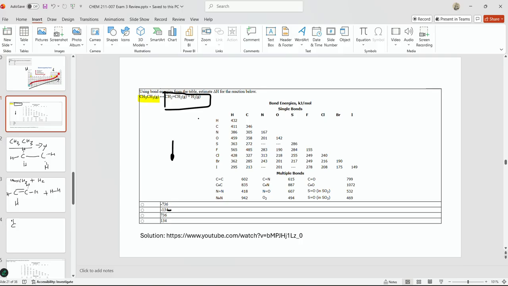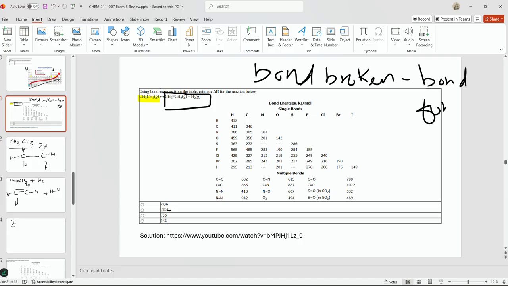if that makes sense. When you're calculating, the formula is always bonds broken minus bonds formed. When you do this, it will always give you the right integer. So if you put negative 134, it's going to be wrong. The answer is positive 134.